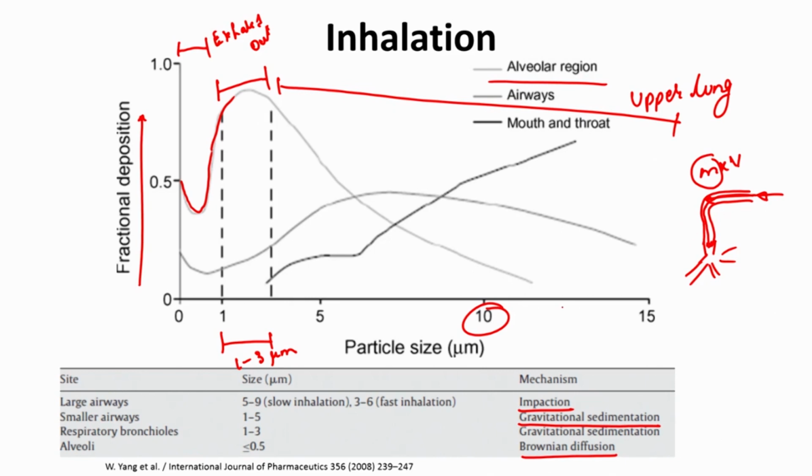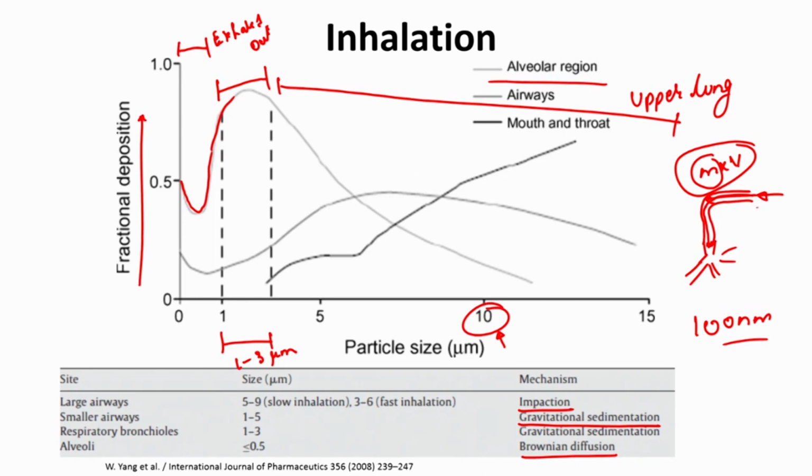What about the smaller particles? Let us say my particle is 100 nanometer. These particles are so tiny compared to a 10 micron. 10 micron is almost 100 times in diameter, and since it is 100 times in diameter, the volume is even higher, it is r cube. So, you are talking about 10 to the power 6 times heavier. A 100 nanometer particle is extremely light, so its momentum is very low and it can flow with the streamlines.